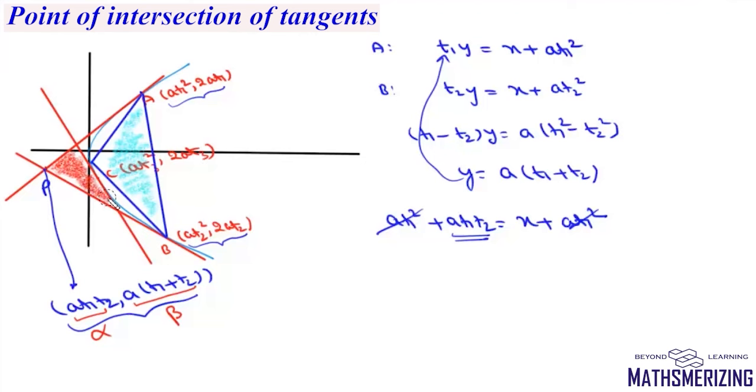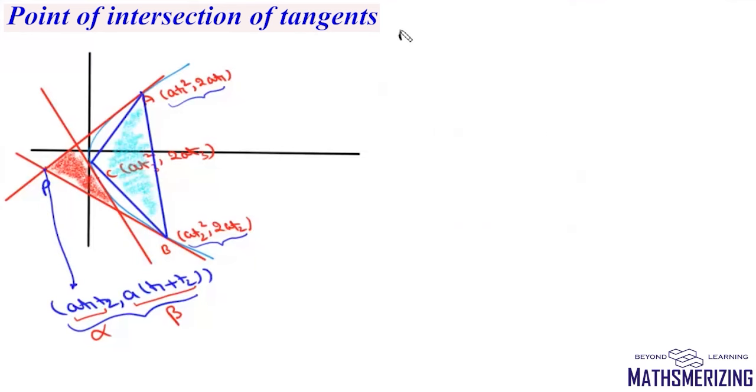So the question which is generally asked is the ratio of the area of the triangle formed by the points and the area of the triangle formed by the points of intersection. So for this we need two results. First result is we need to find the area of this triangle ABC. So here we have A, which is (a t1 square, twice a t1), B, which is (a t2 square, twice a t2), and C, which is (a t3 square, twice a t3), and then we'll find the area of this triangle ABC.